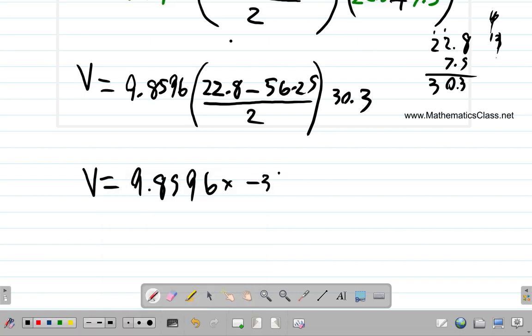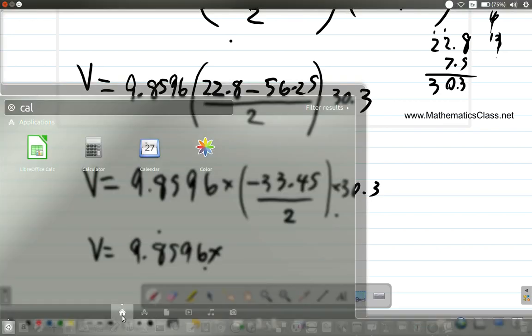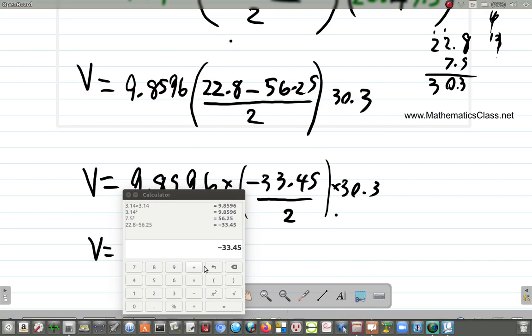We have negative 33.45 divided by 2, and that's multiplied by 30.3. Alright? What is negative 33.45 divided by 2? Let's see. Where we have 9.8596 multiplied by, and then the negative 33.45. Let's put divided by 2 here, and what we get is negative 16.725.